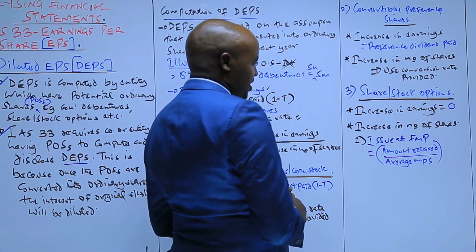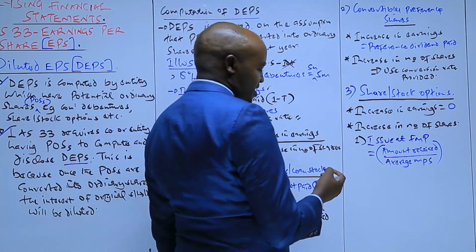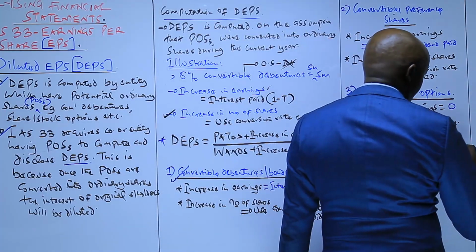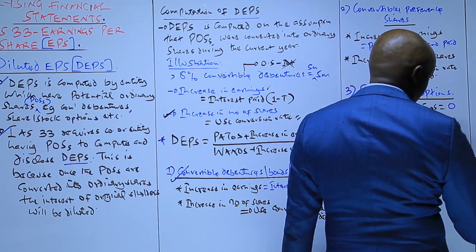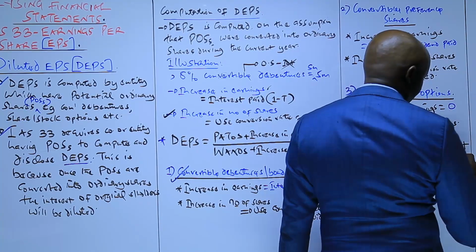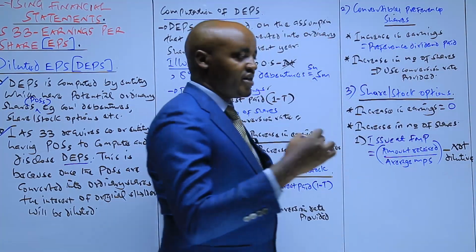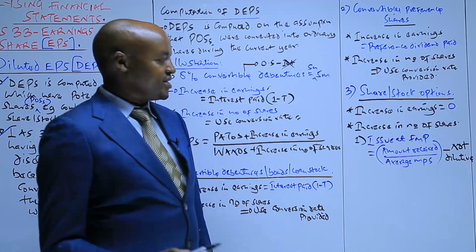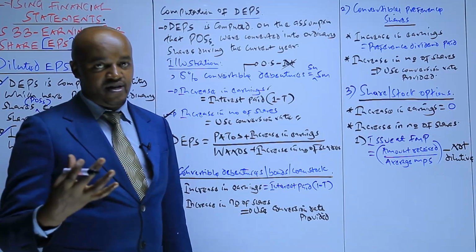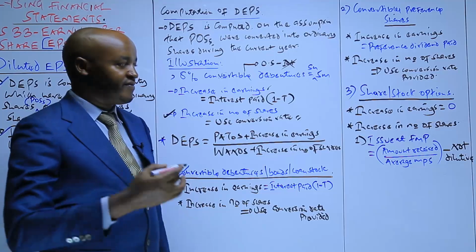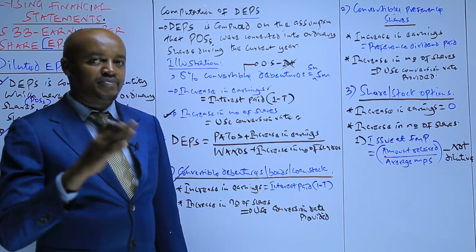Now, these particular shares, because they are issued at full market price, we say they are not dilutive. Not dilutive means that they do not reduce the earnings per share. The company receives additional resources, an amount of money from the employees. That money is invested.